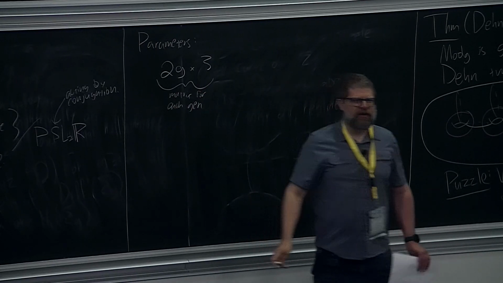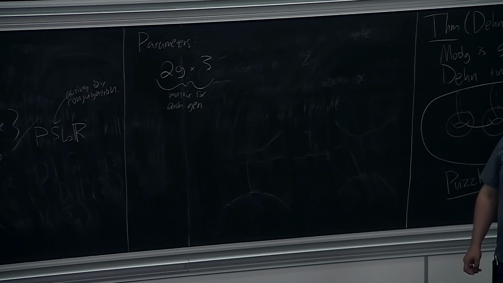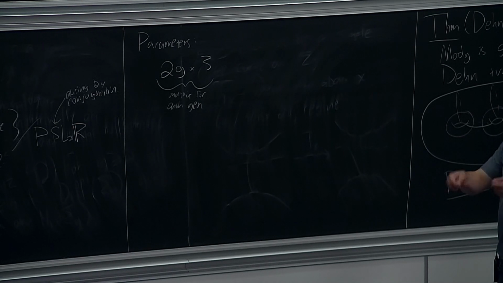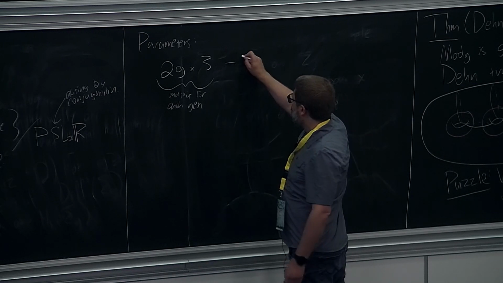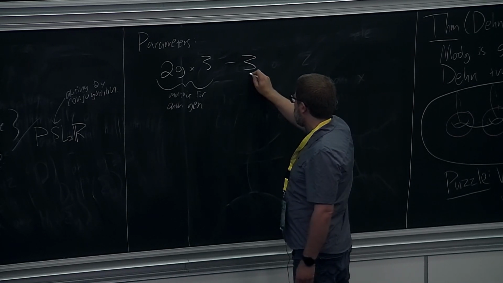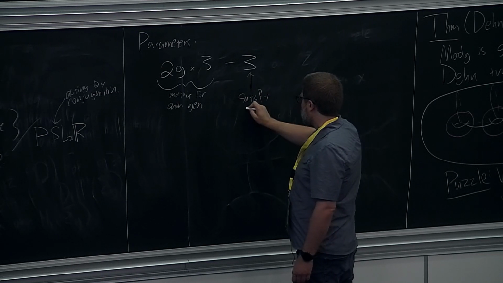You have to choose 6G matrices, right? But now you can't choose them to be any old matrices. They have to satisfy a relation. They have to satisfy the surface relation, minus 3. This means that we have to satisfy the surface relation, right?